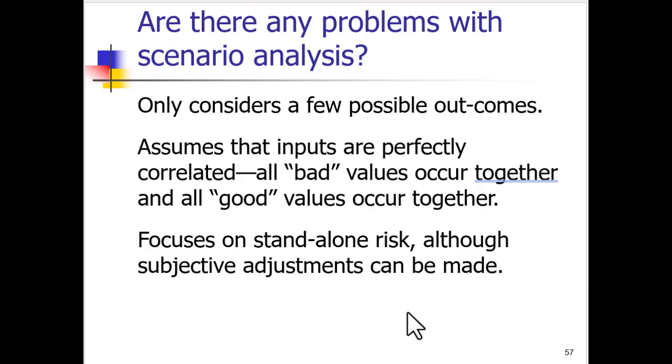However, in the end, we may have to make some subtle adjustments because of some subjective information we know about the economy, maybe something that we know about going on inside the company.